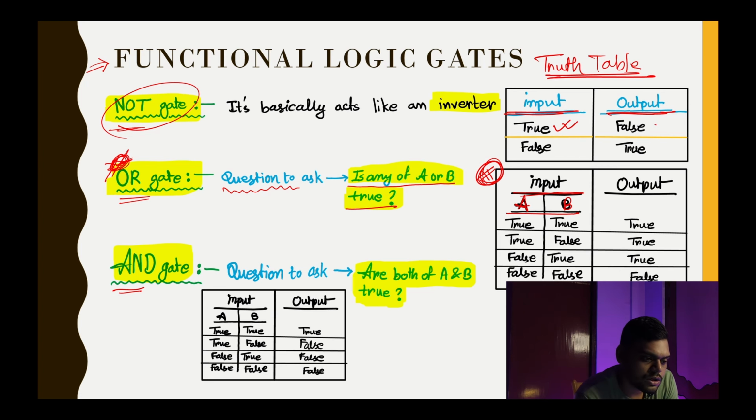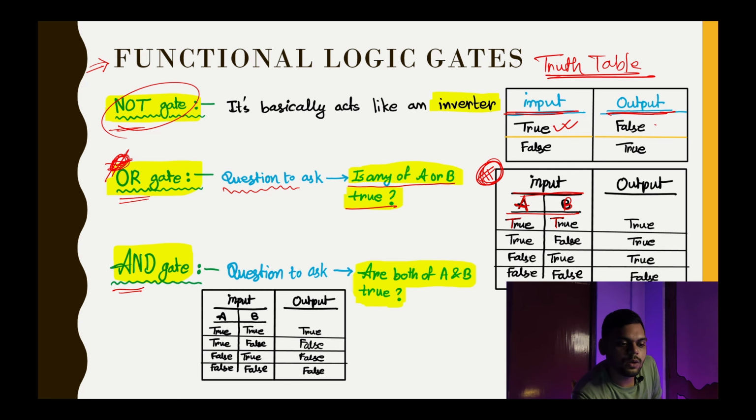Okay, so let's suppose we have input true here and true here as well, true for A and true for B as well. So the OR gate will ask, is any of A or B true? Then we will say yes, obviously both are true.